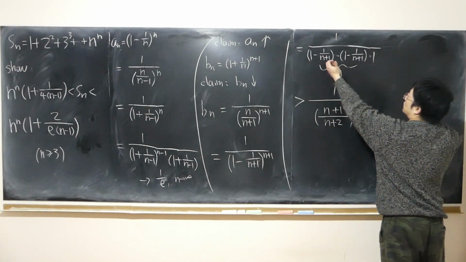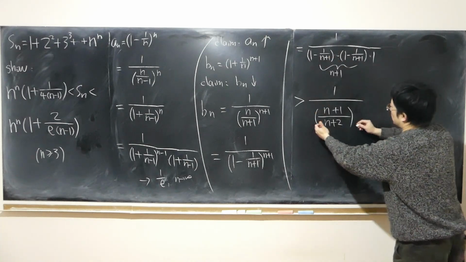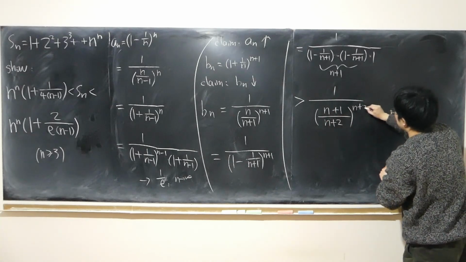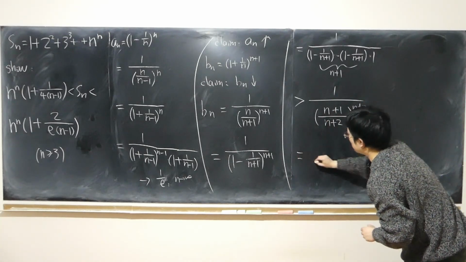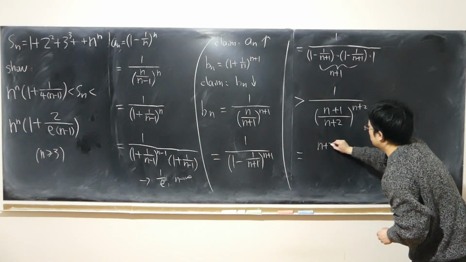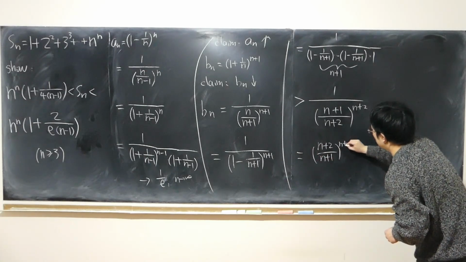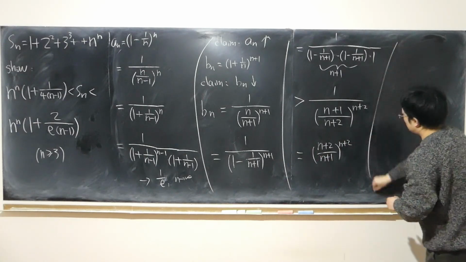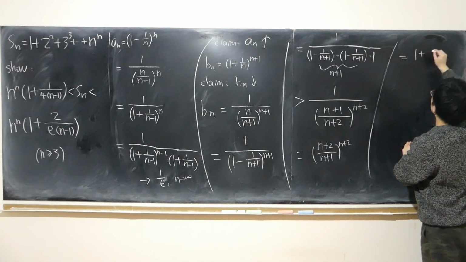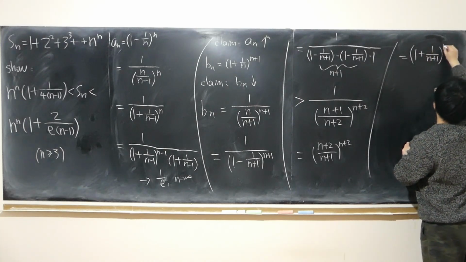Here we don't take the root; for the geometric mean there's no root here, so we raise to the power of n+2. That is rewritten into the reciprocal, (n+2 over n+1)^(n+2). Separate fractions: (1 + 1/(n+1))^(n+2).